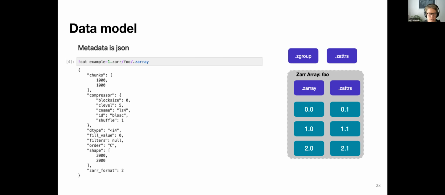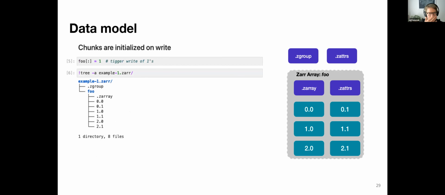And there's a few other things. There's the data type, there's the fill value, we didn't specify any filters, etc. And then there's the default compressor, which in this case is the Blosc compressor. One of the coolest parts about Zarr is that the metadata that describes all of this is human readable, and we can inspect it quite easily.